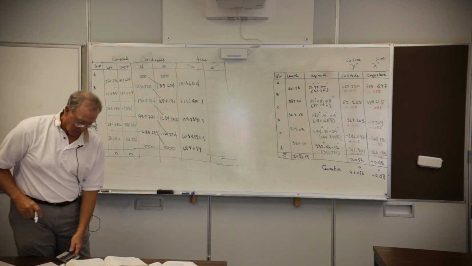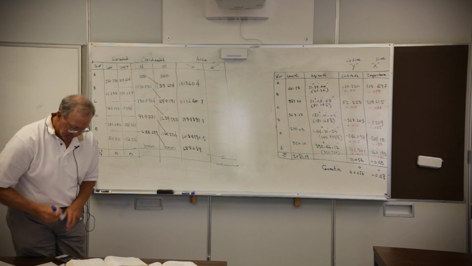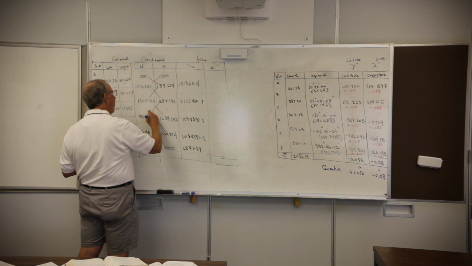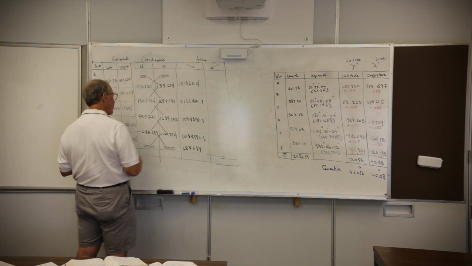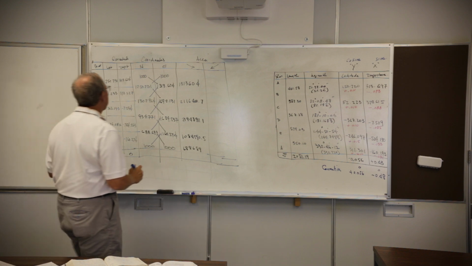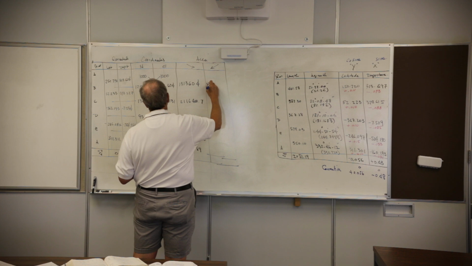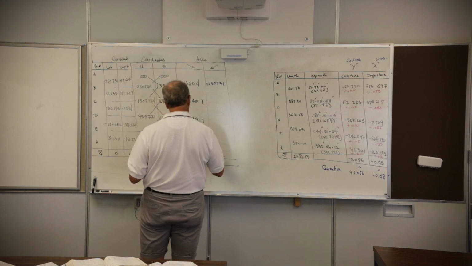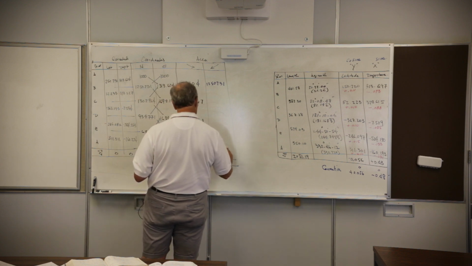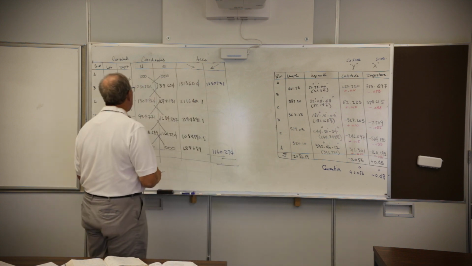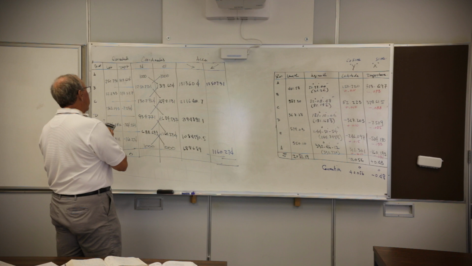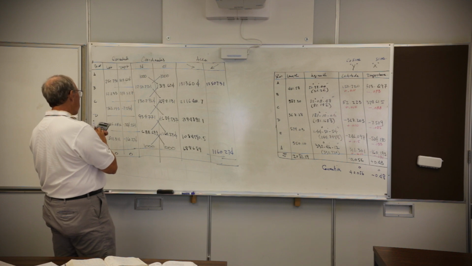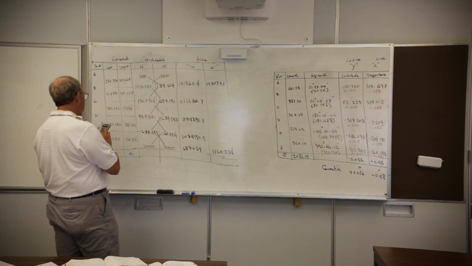Then multiply down to the left. Okay, what do I got? 1313.604 times 1302.964.